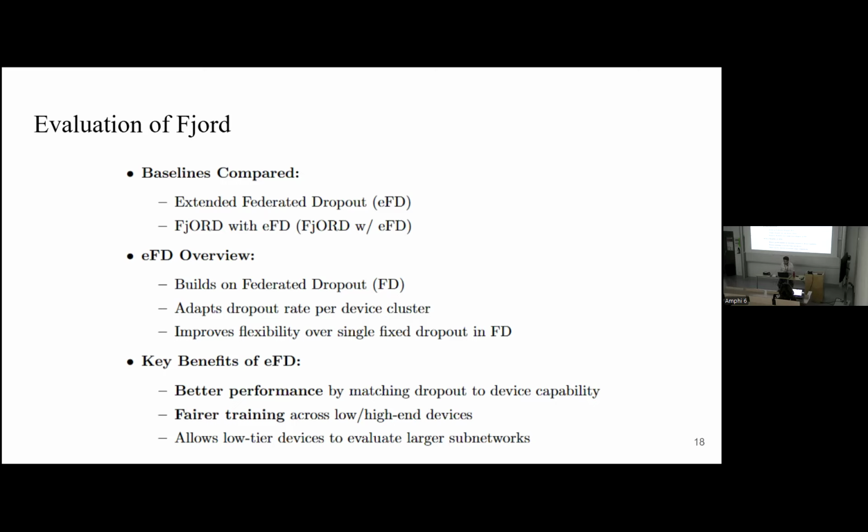So this is the baseline they compared with, and then they added the extended federated dropout to FjORD, which is very peculiar. I haven't seen any paper do that.